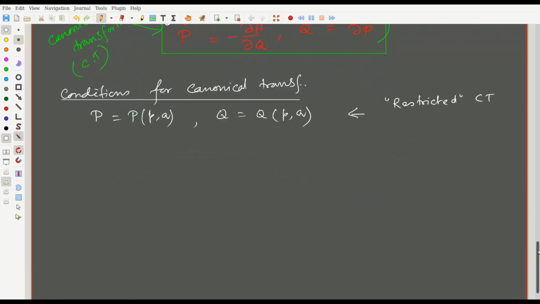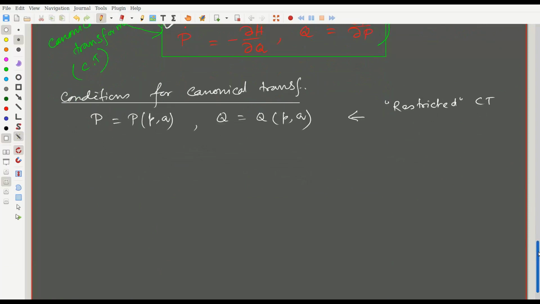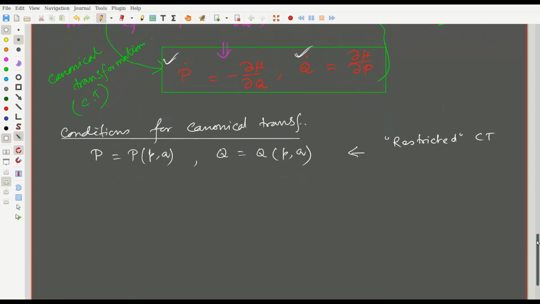All right. So what should be the nature of these things such that the structure of Hamilton's equation stays true? First, I need to write down Hamilton's equation in a fancy structure. Suppose I define x vector, a column vector, which is q and p.